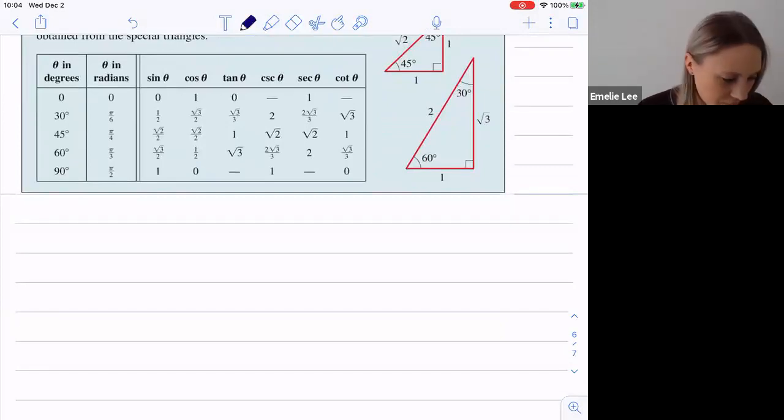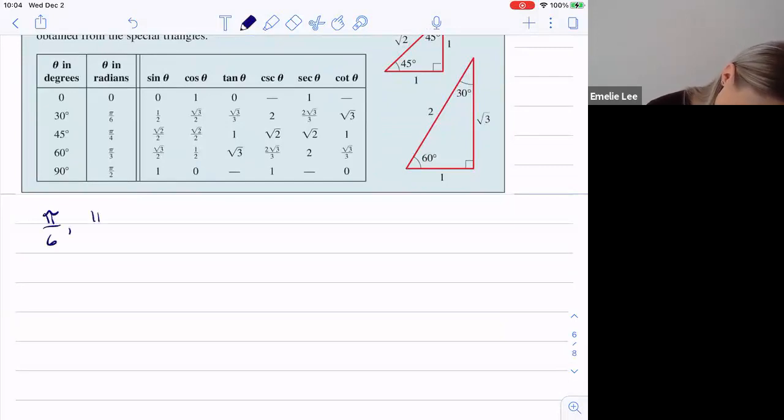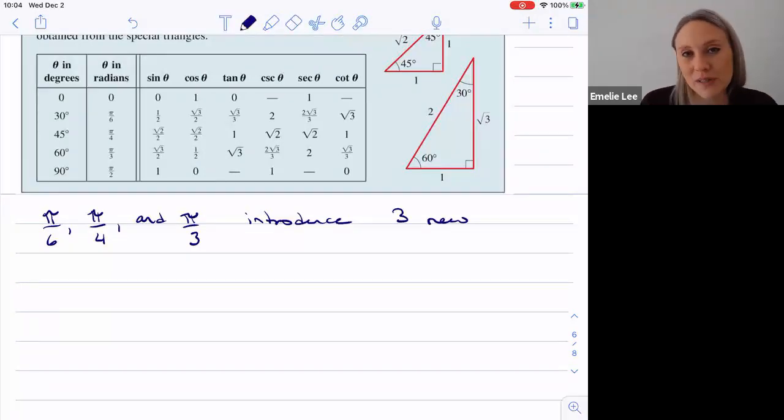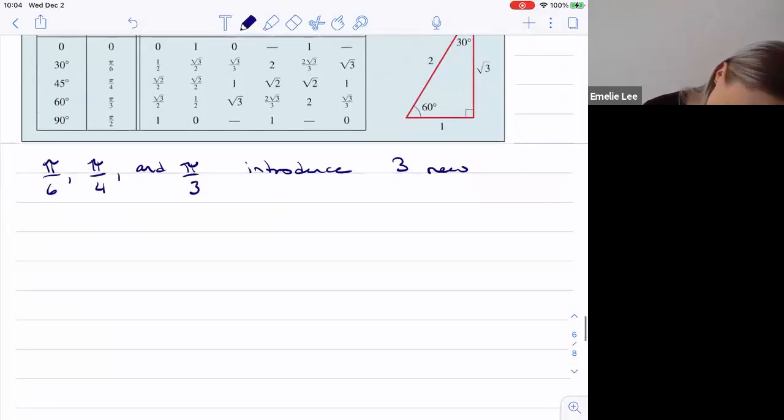So, pi over 6, pi over 4, and pi over 3 introduce 3 new terminal points, or 3 new angles, slash terminal points, that will be useful.